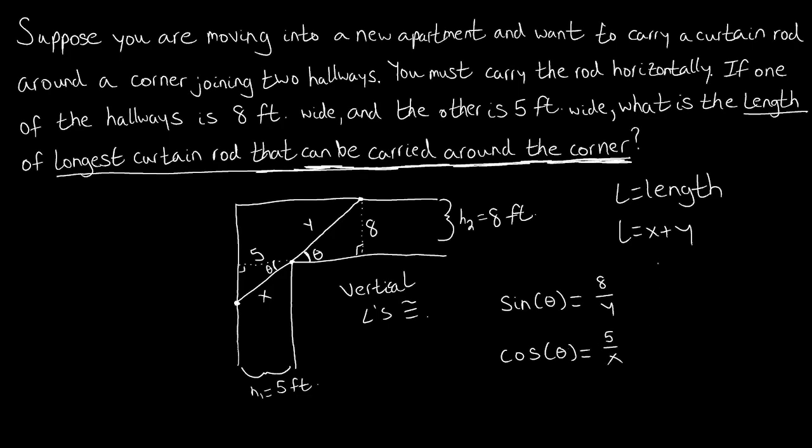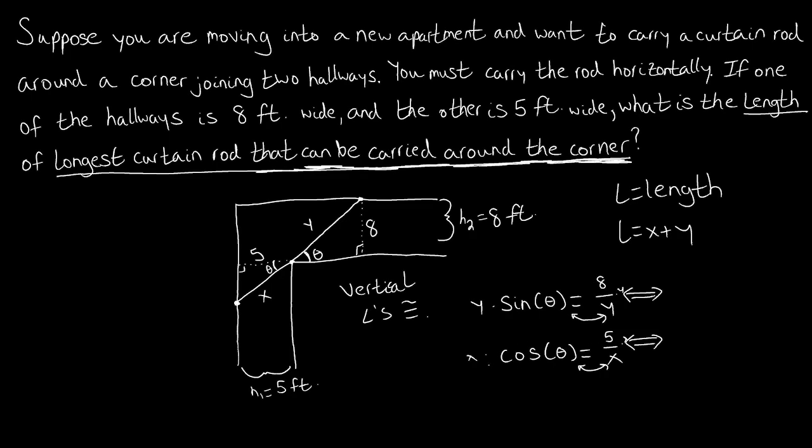Well, now we want to put this in terms of x and y to be able to solve for length, right? And how we write these two functions in terms of x and y is we simply need to switch the spots of the denominator of the fraction on the right side with our trig function. Because if we want to solve for y in this case, we're going to need to multiply by y on both sides, or multiply by x. So we get y sine theta equals 8, or x cosine theta equals 5.